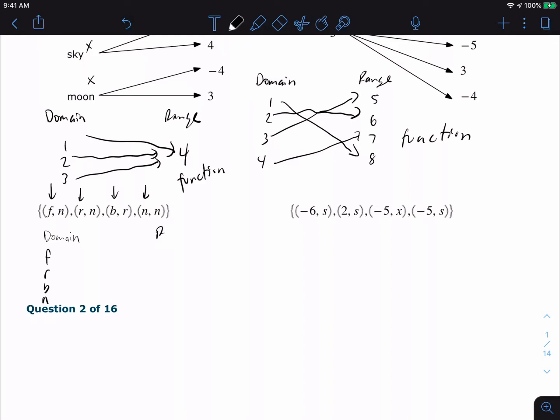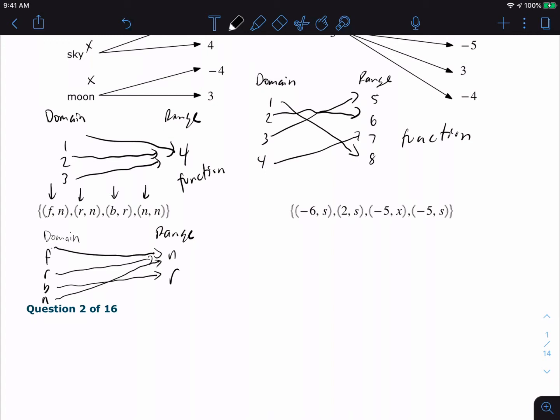Then the range is going to be N, there's N, R, and N. So F is going to N, R is going to N, B is going to R, and N is going to N.